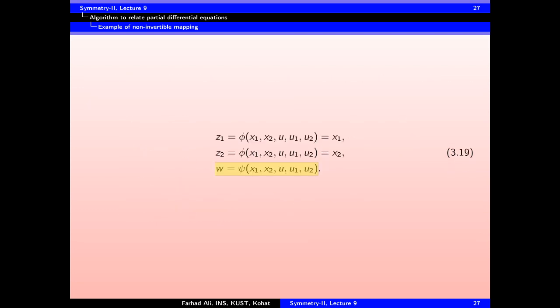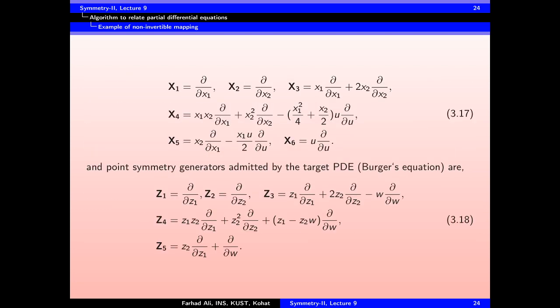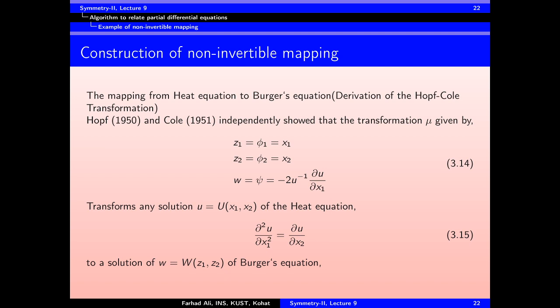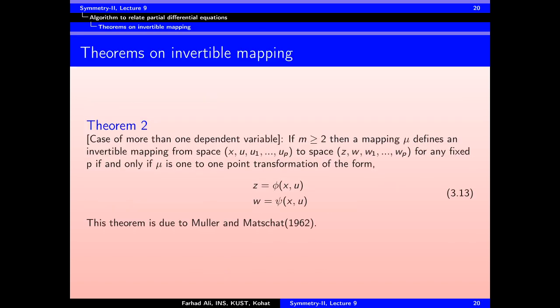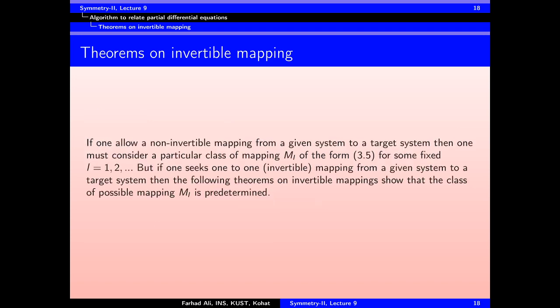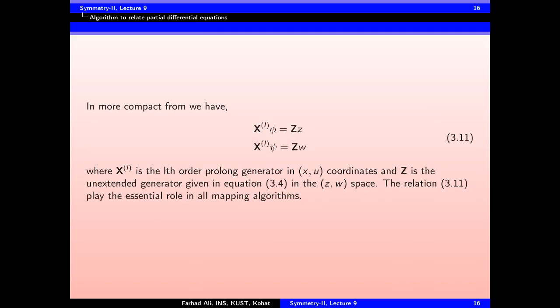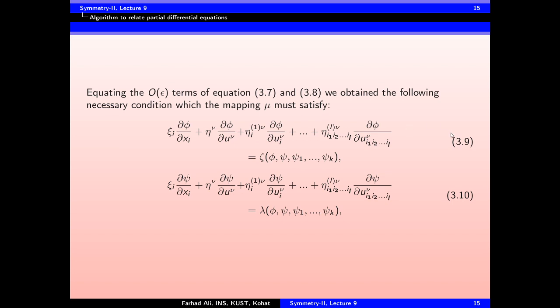And where does this system come from? It comes from the mapping given here. We use equation 3.11, or 3.9 and 3.10.